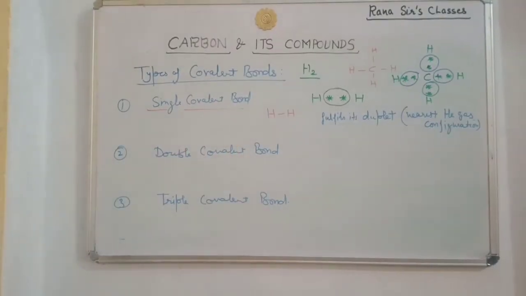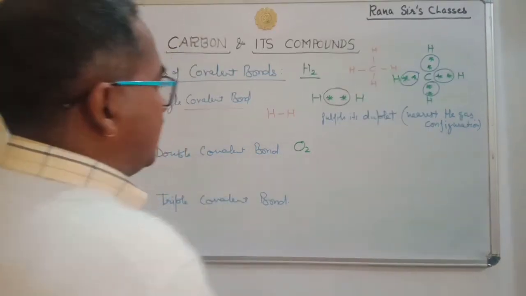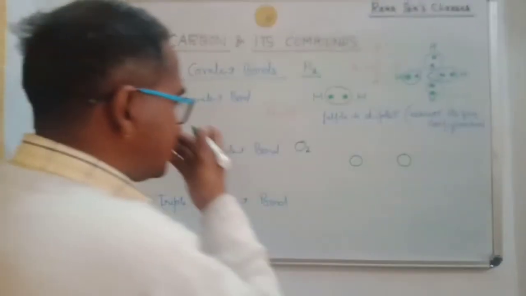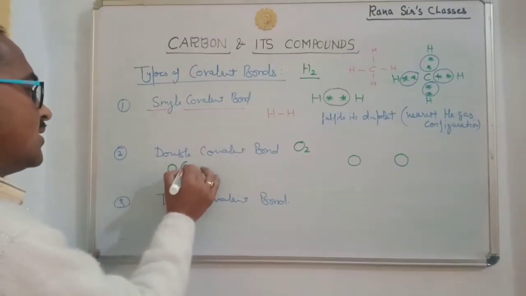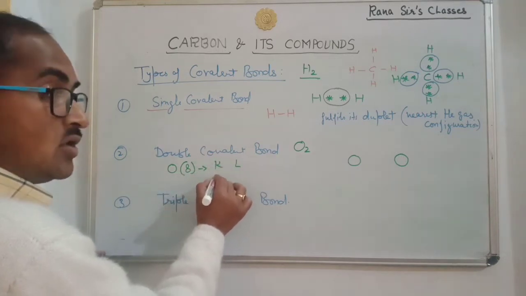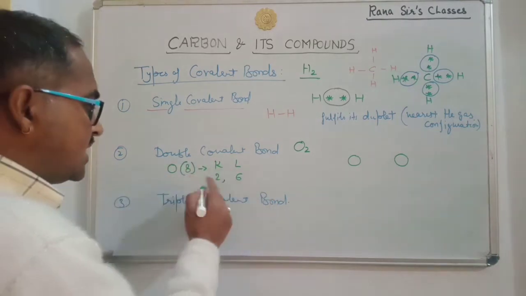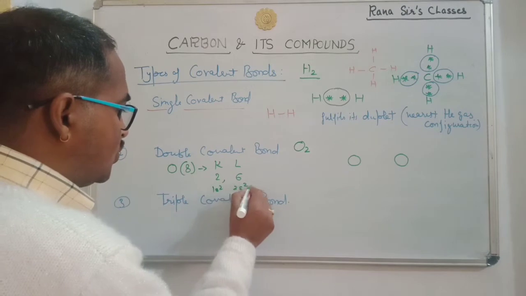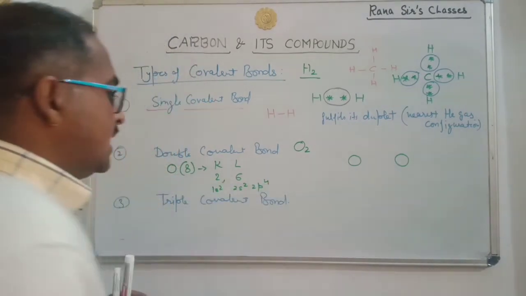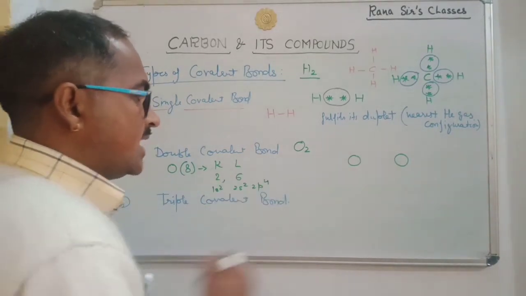If we talk about double covalent bond, then take the example of oxygen molecule. Here we have oxygen, and this is oxygen. In case of oxygen, atomic number 8, the shells will be K and L, 2 electrons and 6 electrons. So 1s2, 2s2, 2p4, so 2 and 4, 6 electrons in the second shell.